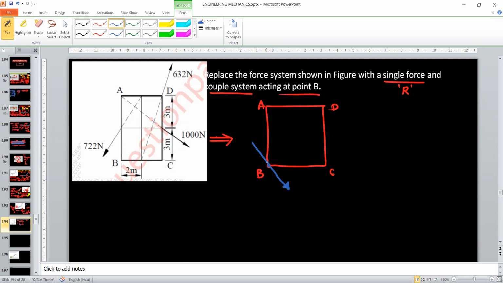And there has to be one couple. Okay, so this is the resultant force and the couple system. So your final system will be like this. Okay, so we have to find out the value of R, direction theta. Okay, then we have to find out the distance d with respect to point B. Okay, and then we will shift that resultant to point B. Okay, so finally we will get the diagram like this.